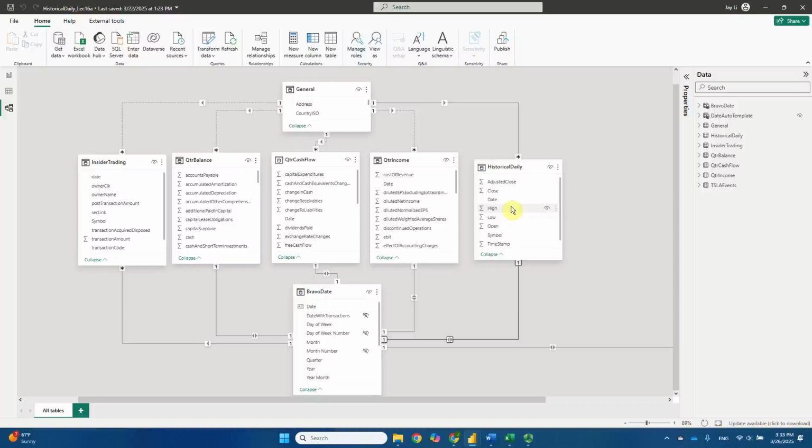So you need to construct a new column combining both the stock symbol and the particular date you are trying to look at. With this new column, you will be able to identify a single observation in those tables, and then this one-to-one relationship can be constructed based on this new column called symbol-date.